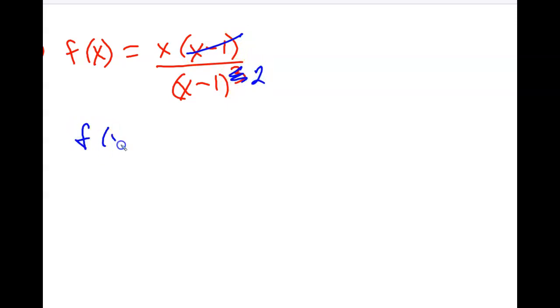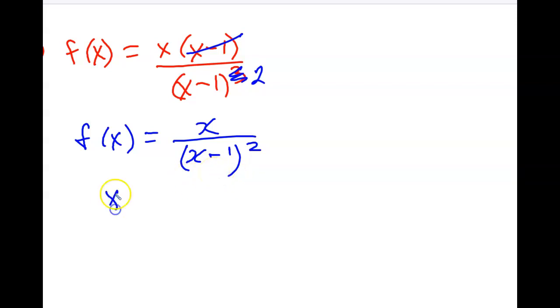So I'm left with f of x equaling x over (x minus 1) squared. Now, my value of 1 will make the top 1, but the bottom 0, so 1 makes it undefined. And this factor of x minus 1 hasn't been completely reduced in the denominator. So therefore, x equals 1 is going to be a vertical asymptote.